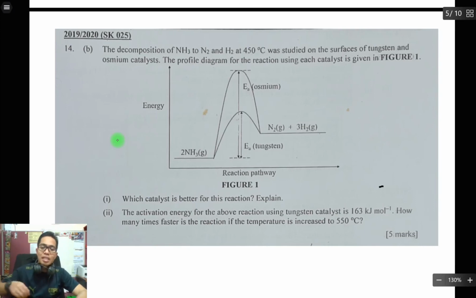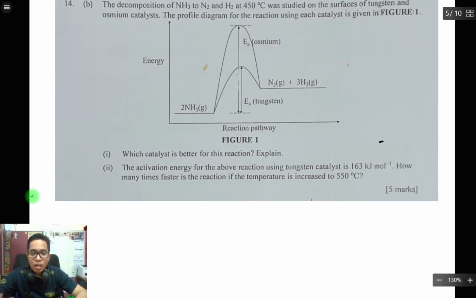So which catalyst is better for this reaction? Explain. Just compare the EA, activation energy. The shorter one means the reaction occurs very fast, less time needed. Longer EA means it requires more energy, so it will consume more time. It will take a bit longer to finish.